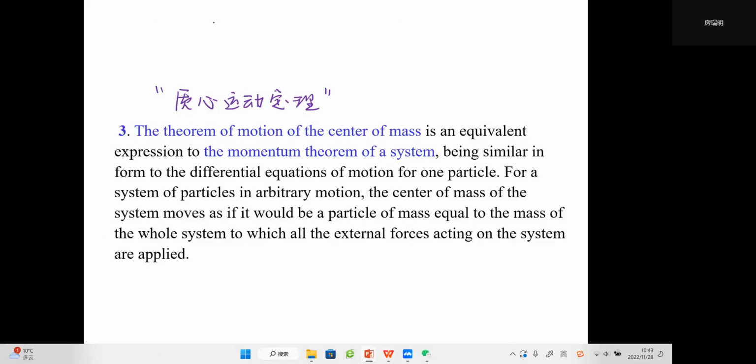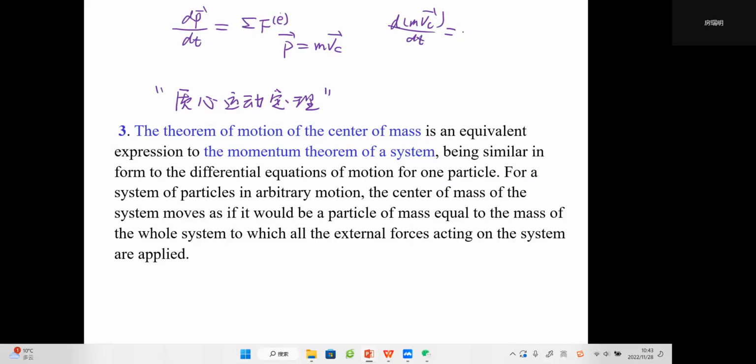Because we have learned this, we have dP/dt equals sigma Fe, right? So once again, because P means m vc, it is the momentum of a system of particles. So when we do this again, we have d(m vc)/dt.